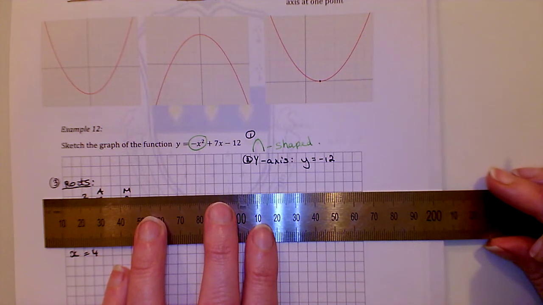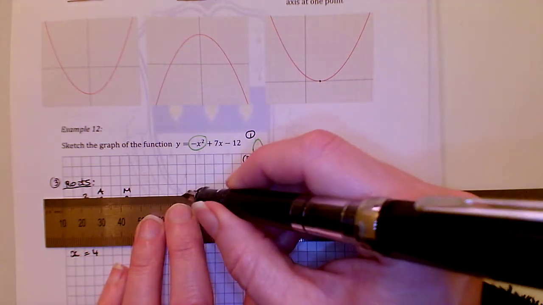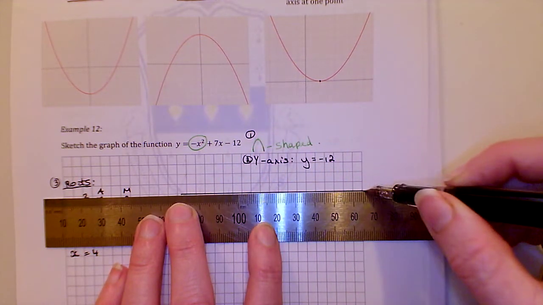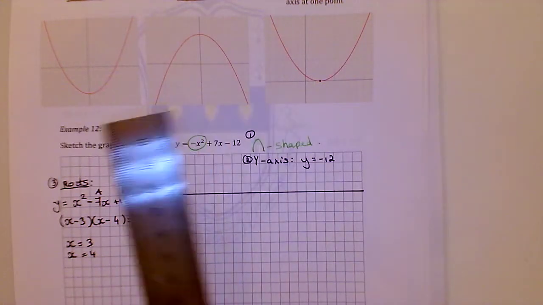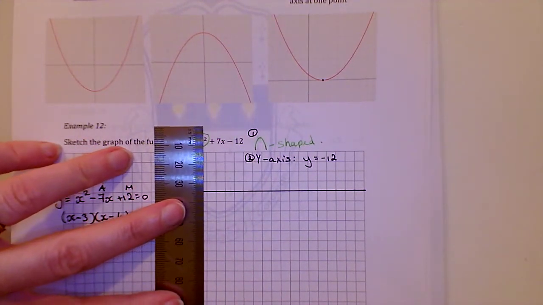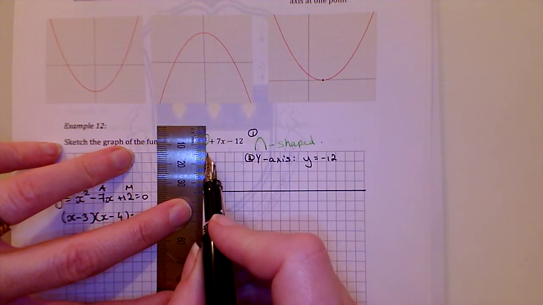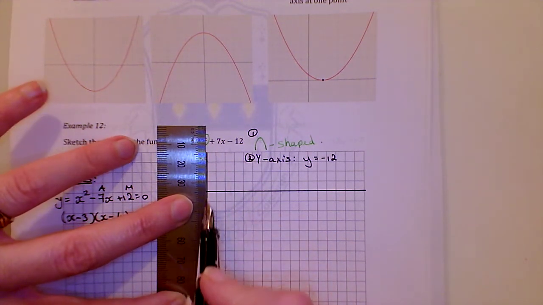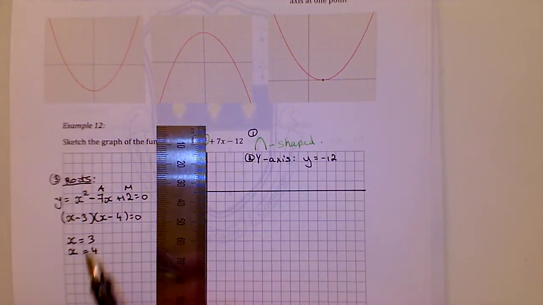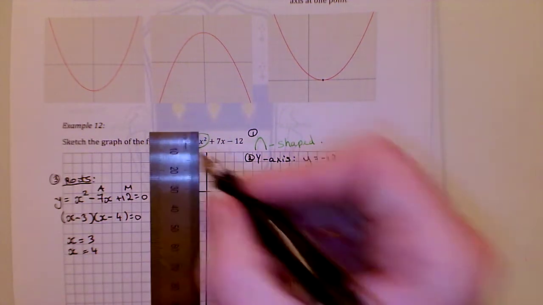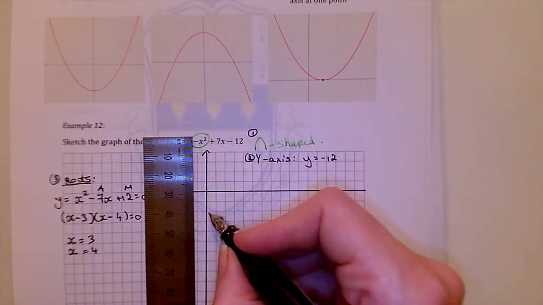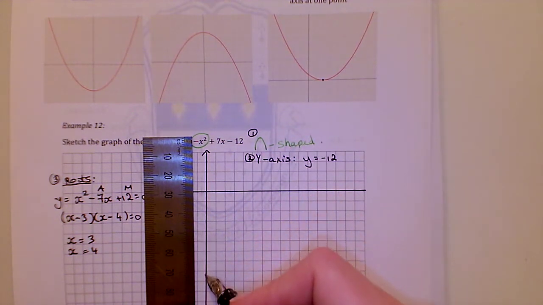So we want most of our graph above the line like this. We also know that it's symmetrical. So we could find the maximum point by completing the square or subbing in x equals 3.5, because the maximum point is going to be between 3 and 4. Let's see, 2, 4, 6, 8, 10, 12.